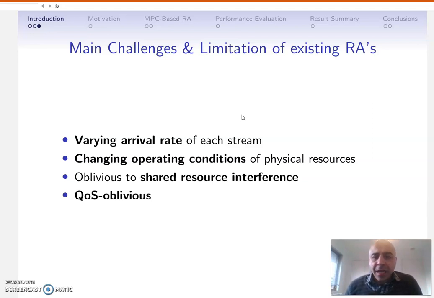In addition, the existing approaches are not very concerned about shared resource interference, which is important when you have multiple applications trying to use the same resource.